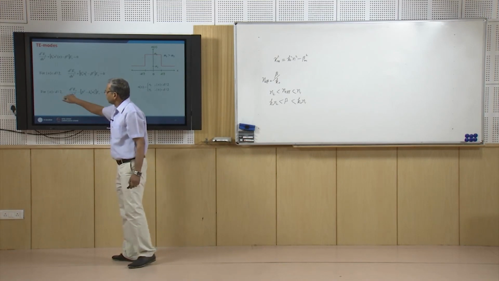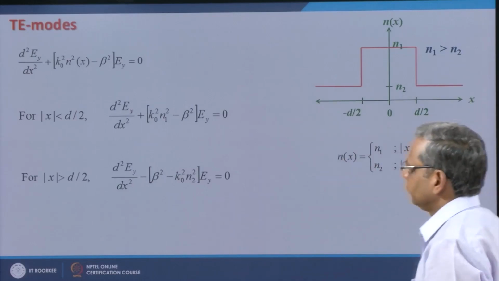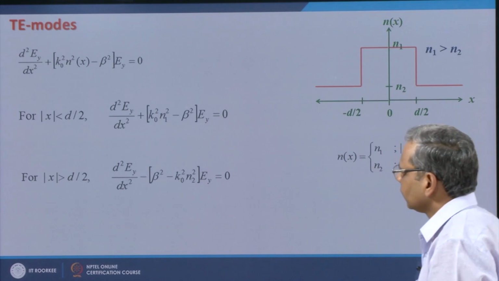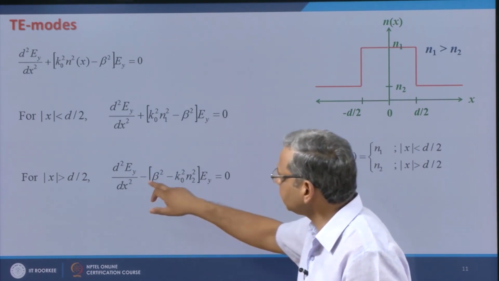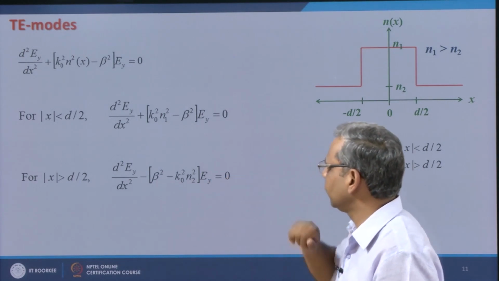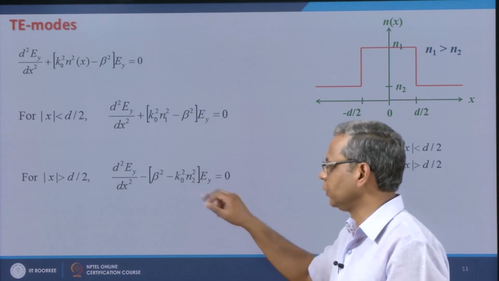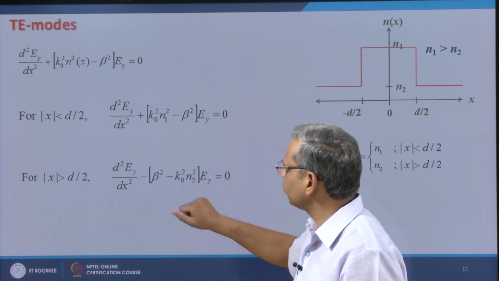So, when I write this equation now in the regions mod x greater than d by 2, I write it as d2 Ey over dx square minus beta square minus k naught square n2 square times Ey, because nx is equal to n2 here. And why have I written it in this fashion?